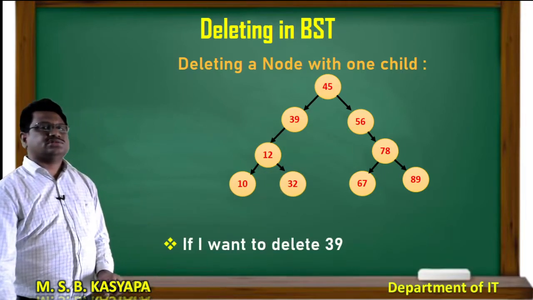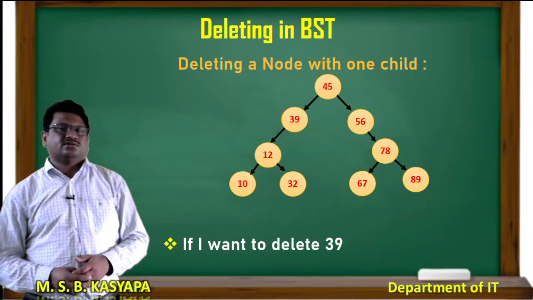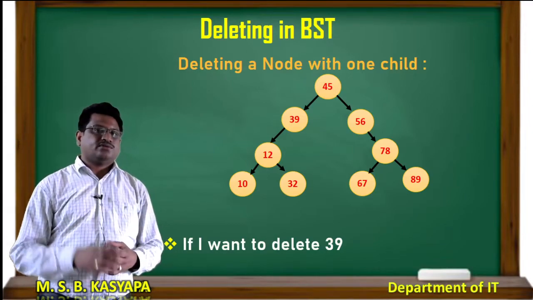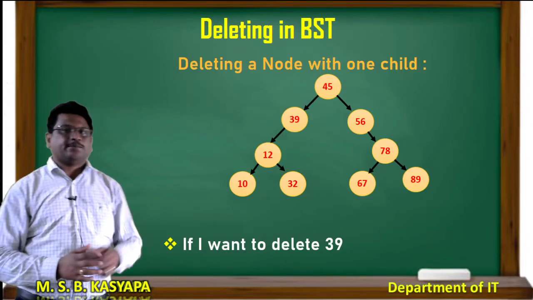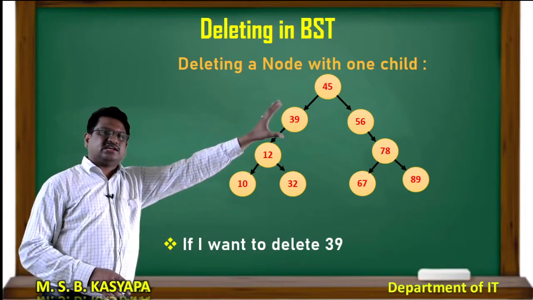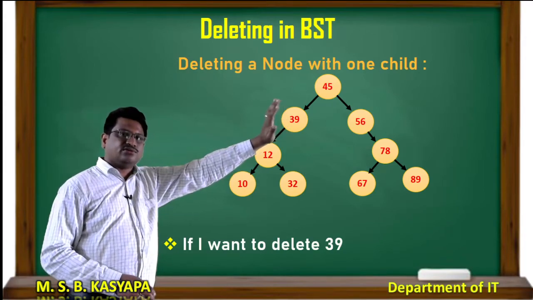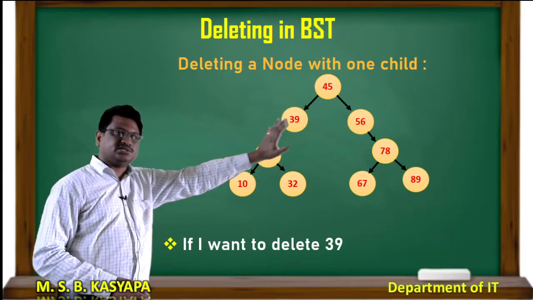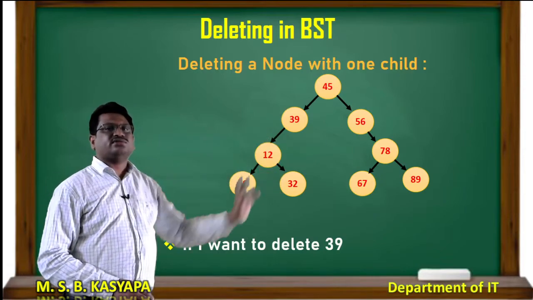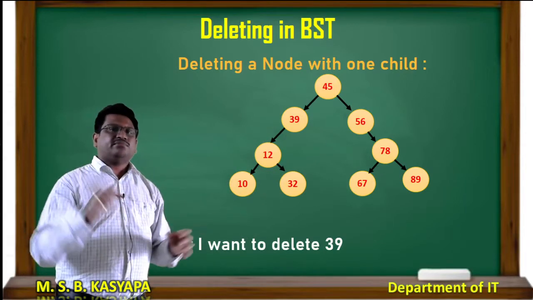Now, like this, the tree will be created. Now, I want to delete 39. See here, 39 has a complete left subtree. If I delete 39 directly without doing any other operations, then 12, 10, 32 will also be deleted, that is, unlinked from the BST.